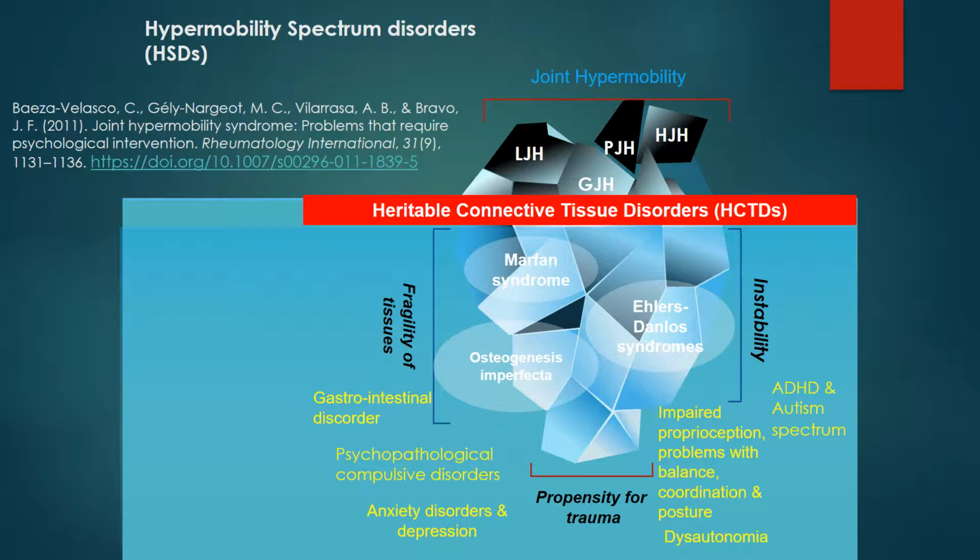This work has now led us to a better understanding of the hypermobility spectrum disorders, and we can see that joint hypermobility, including localized joint hypermobility, generalized joint hypermobility, peripheral joint hypermobility and historical joint hypermobility, are the top of the iceberg, and they intersect as heritable connective tissue disorders with other disorders such as Marfan syndrome, osteogenesis imperfecta, and the Ehlers-Danlos syndromes, which includes hypermobility type Ehlers-Danlos syndrome.